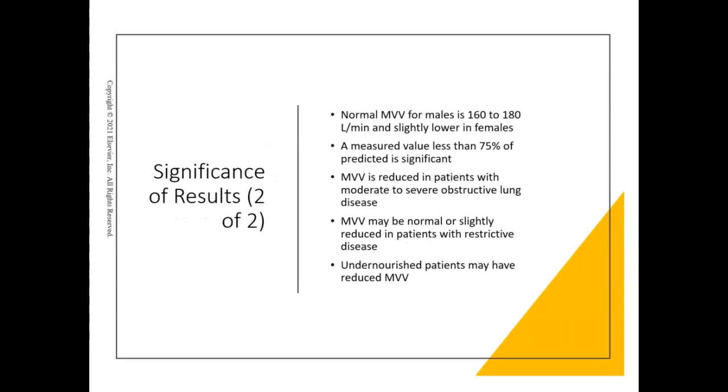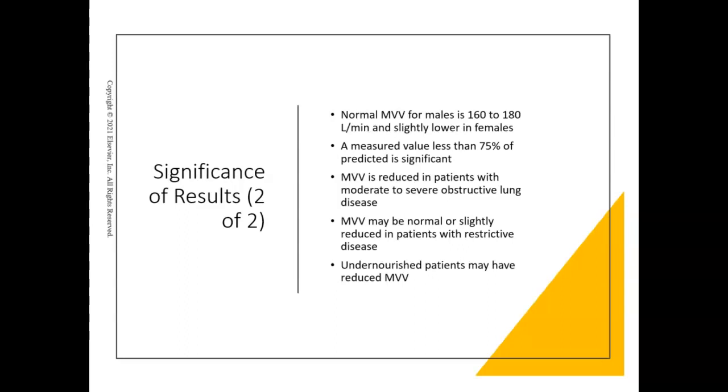Normally your MVV should be somewhere between 160 to 180 for men, and slightly less for women. If your measured value is less than 70% of predicted, meaning what the patient was able to achieve is less than 75% of what's predicted, then that means it's abnormal.